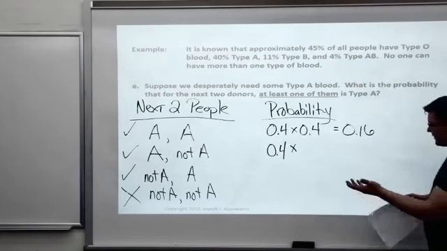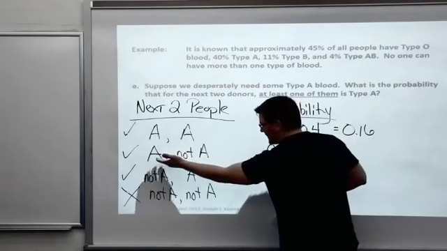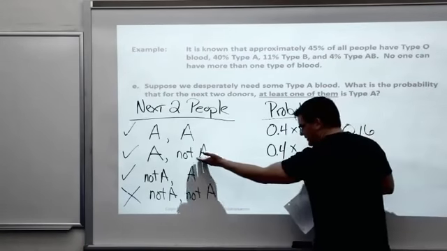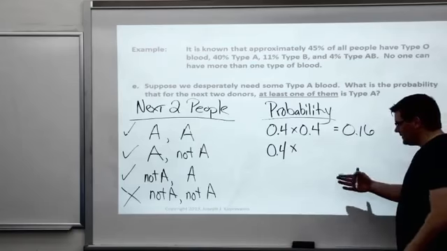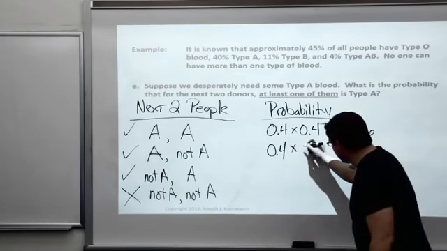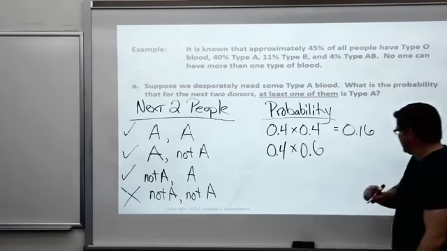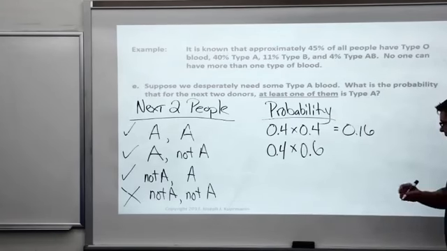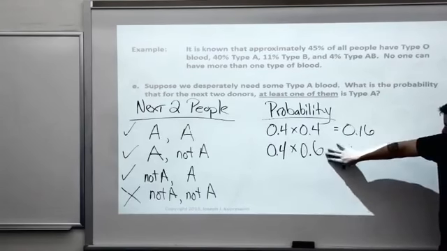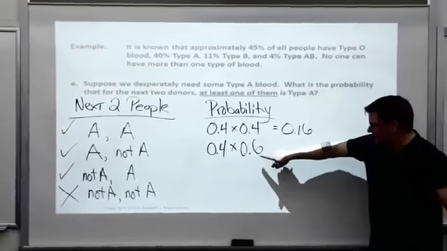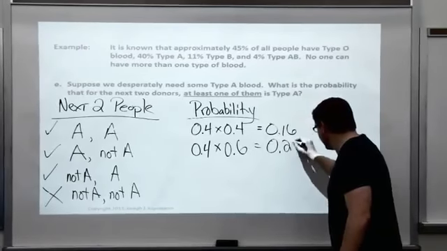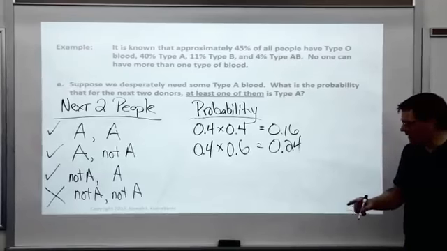It does get a little tricky, but if there's a 40% chance that somebody's type A, what's the chance they're not type A? Well, complement rule, right? It's 60%. So the not A, that's a 60% chance for the second person. And so for that exact outcome to happen, first person's A, second person is not A, is a 0.4 times a 0.6. I am just going to put 0.24 and presume I can multiply in my head.